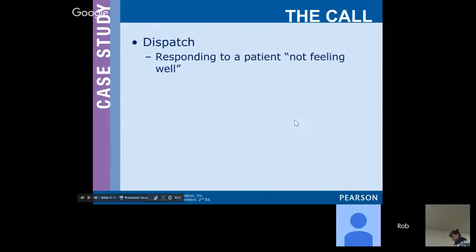Your response unit is dispatched to a patient who is not feeling well. As you respond to the scene, you wonder more about the patient and the variety of conditions that could cause a patient to not feel well. Guys, this is a very common call for EMS. So even though the complaint is vague, what will be your first priority on the scene?